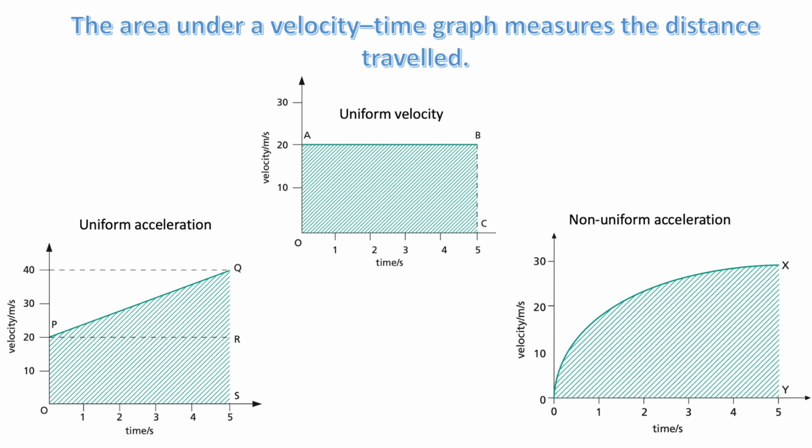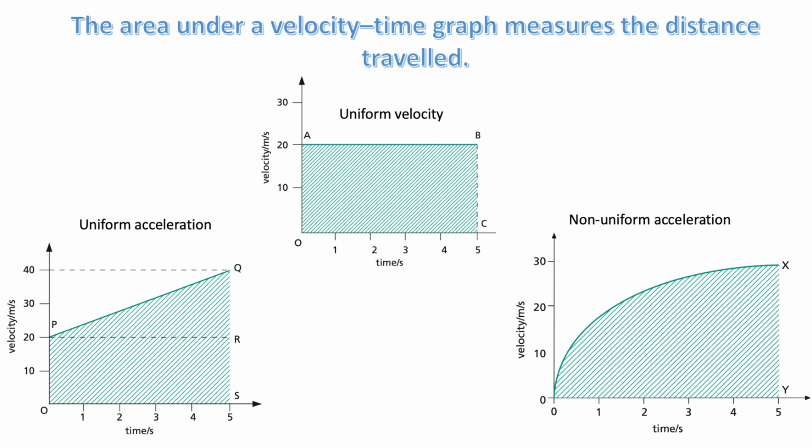That means here it is 20 times 5. If you look at the picture, you can see the distance OA and distance OC. They represent the two sides of a rectangle. So if you multiply OA and OC, you will get the area of a rectangle. So the area under the velocity time graph gives distance traveled.